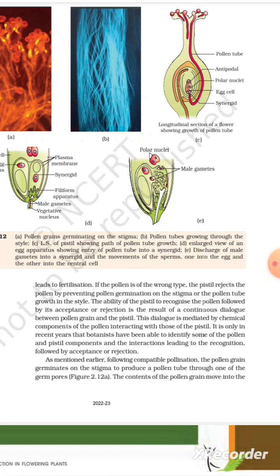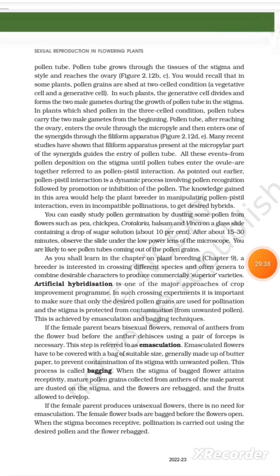C, LS of pistil showing path of pollen tube growth. D, enlarged view of an egg apparatus showing entry of pollen tube into a synergid. E, discharge of male gametes into a synergid and the movement of the sperm, one into the egg and the other into the central cell. Pollen tubes grow through the tissues of the stigma and the style and reach the ovary.